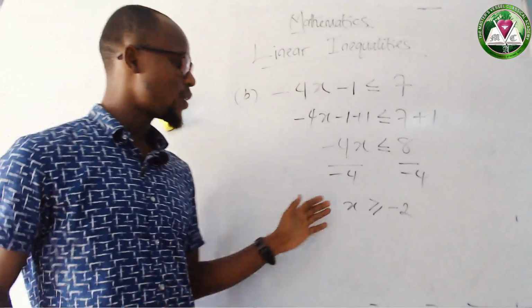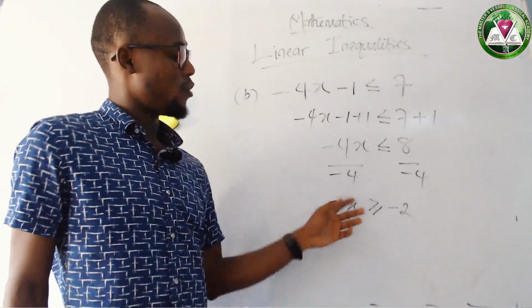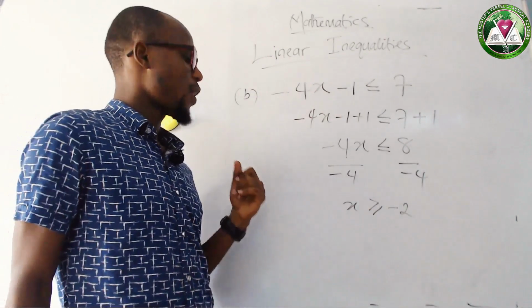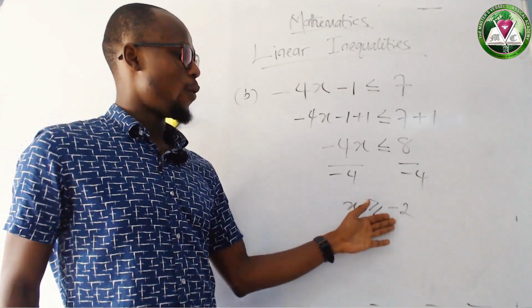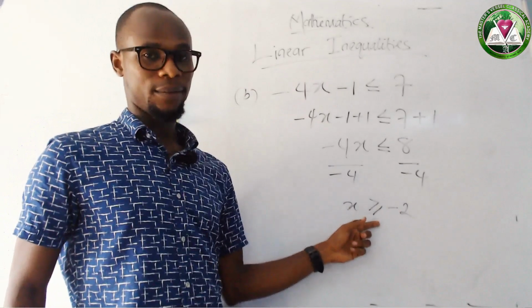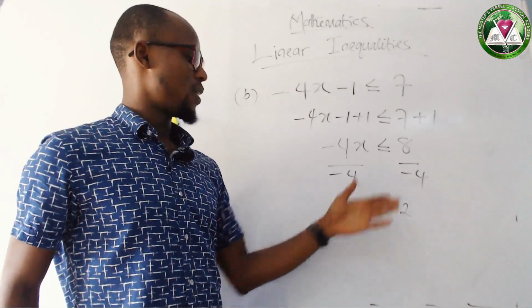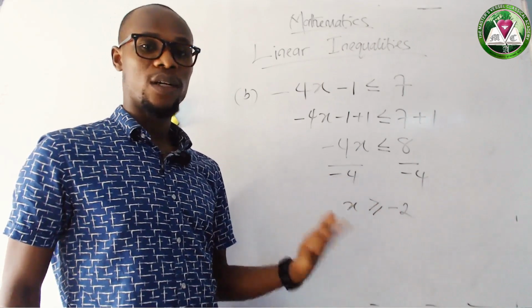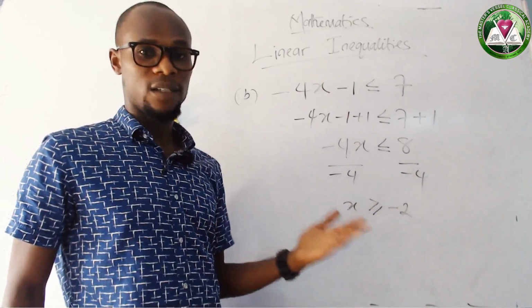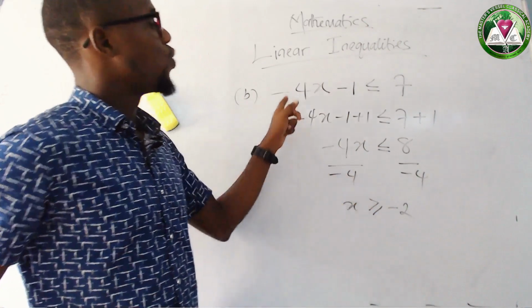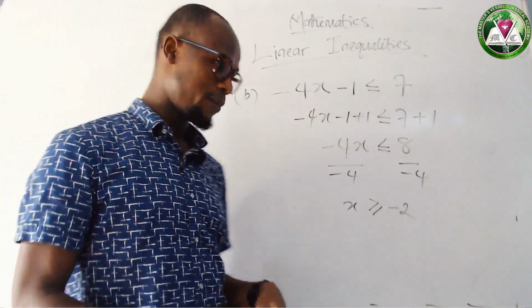This gives the range of values of x that satisfies this inequality. That means any value from -2 upward, with -2 included: -2, -1, 0, 1, 2, till positive infinity. If we pick any value of x in that range, it will satisfy this inequality.